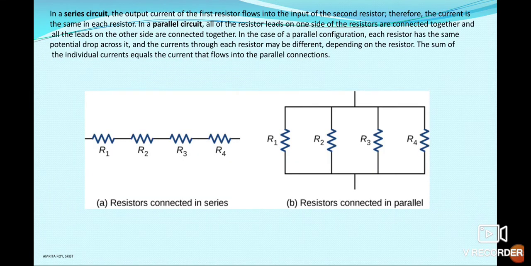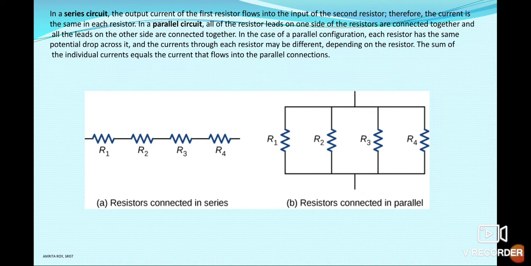Next is series and parallel resistors. In a series circuit, the output current of the first resistor flows into the input of the second resistor. Therefore, the current is the same in each resistor.